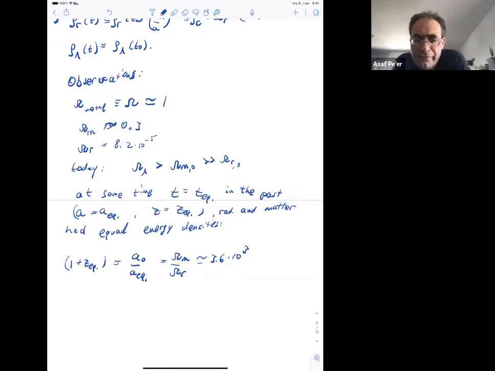So at z of 3600 and earlier, the dominant term in terms of energy of the universe was radiation, not matter as it is today. Now, how does the temperature of the radiation evolve?